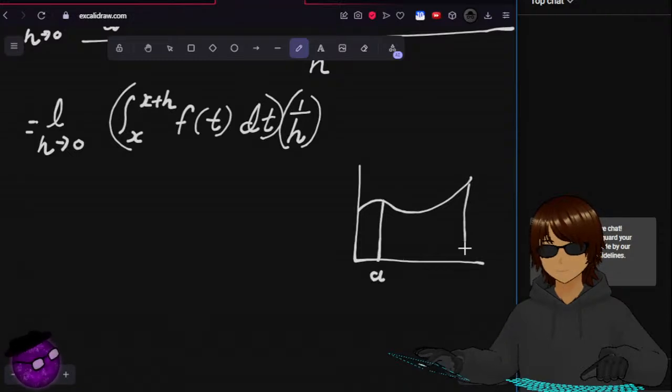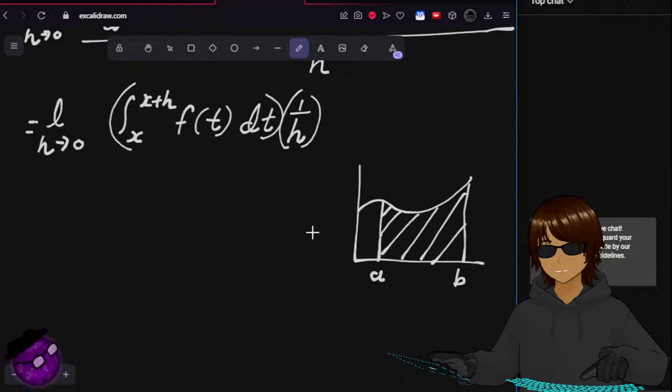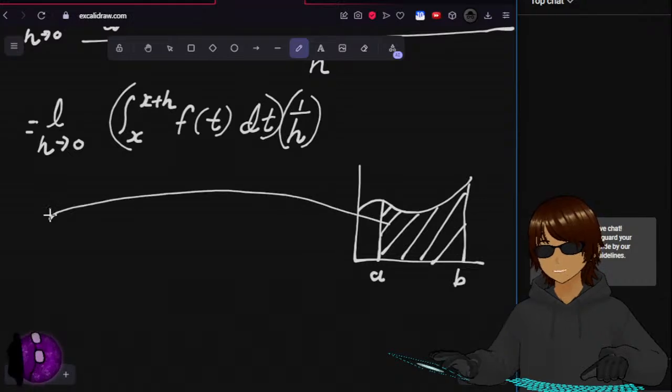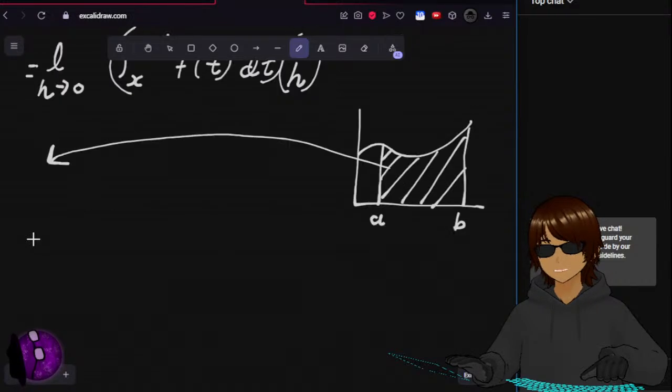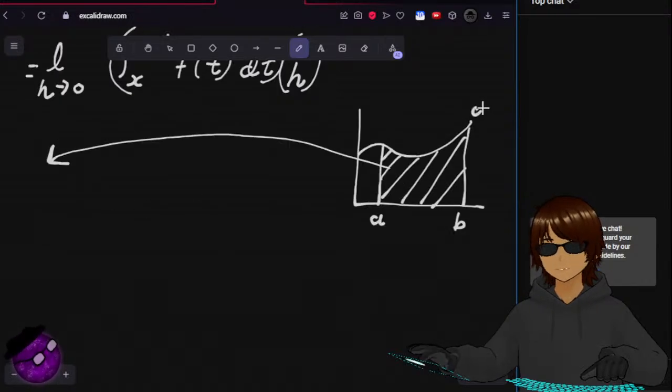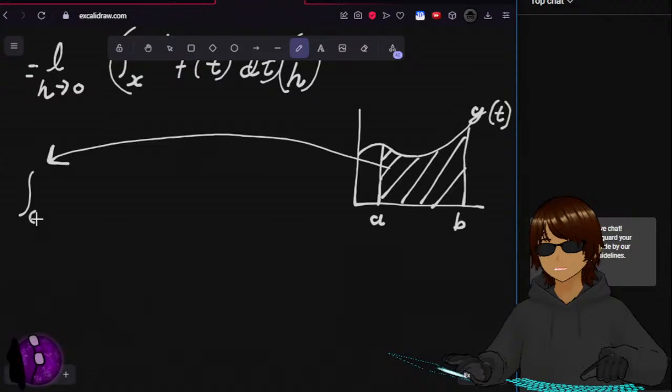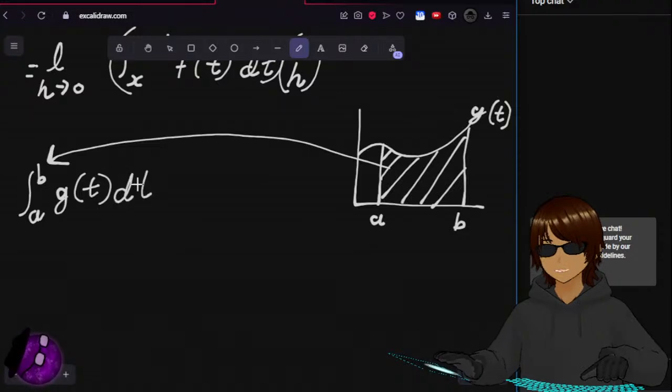A, B. So the area over here, let's call this G of T. The area over here would be A to B G of T dt.